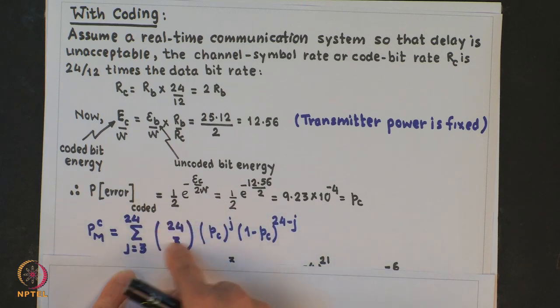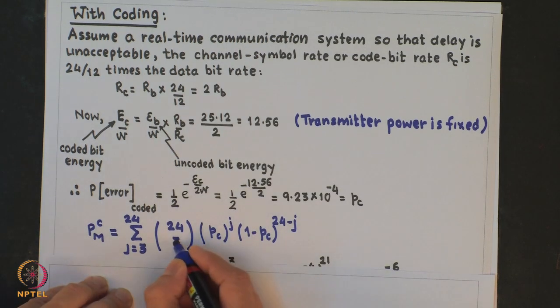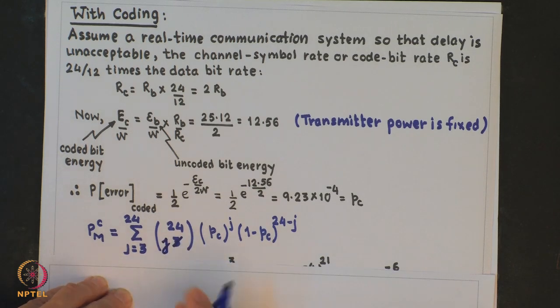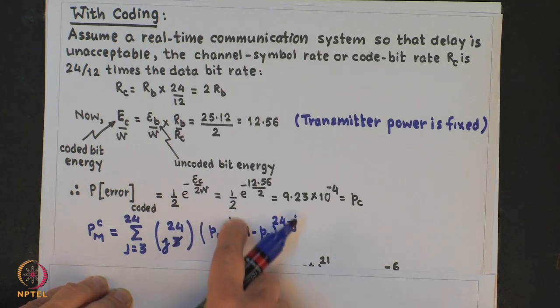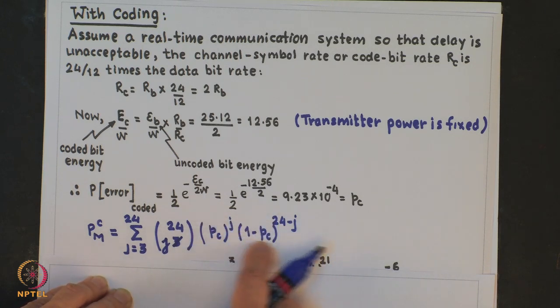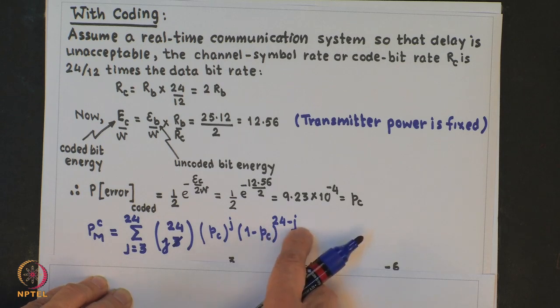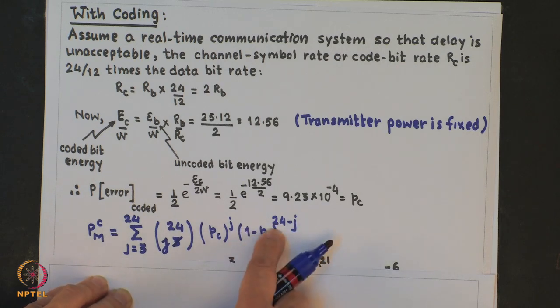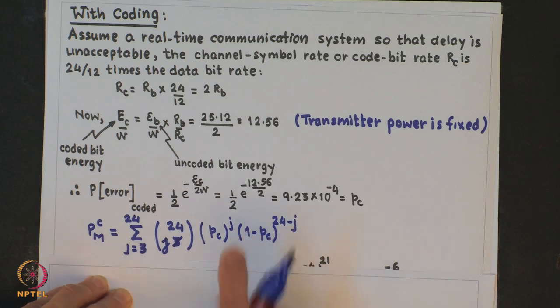So, this tells you how many ways I can find the combination of errors. This should be J, this is not 3, this should be J. So, J out of 24 combinations gives me the probability that exactly J bits have gone into error, and this is the probability that 24 minus J bits have been received correctly. So, this is the probability of error which you will get.